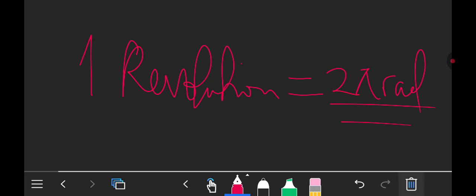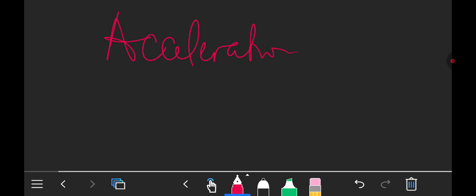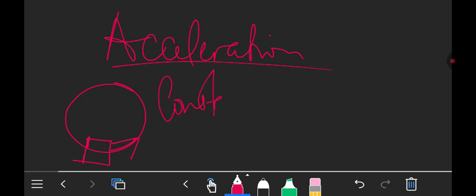But when you are given a situation to say this object in circular motion was moving at a constant linear velocity, the point I'm trying to put across here is constant velocity.